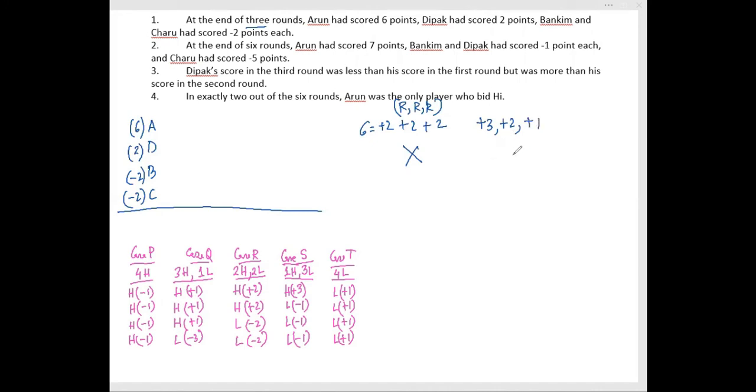This can be done in different ways. +3, +2 and +1 is possible in cases S, R and Q. If I am getting that SRQ case, that means +3, +2, +1, so one of the data would be 6.